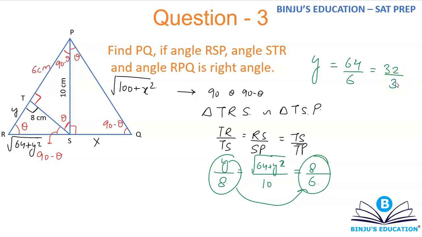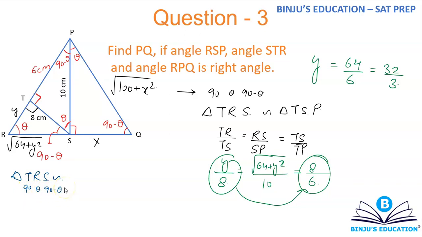Alright, now I have the value of Y. Now I need to use similarity once more. I am going to take triangle TRS again, and now I'm going to take this bigger triangle PSQ. So in TRS, it's 90, then R is theta, then it's 90 minus theta.